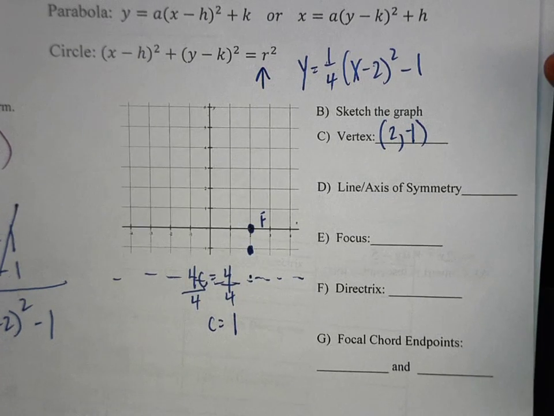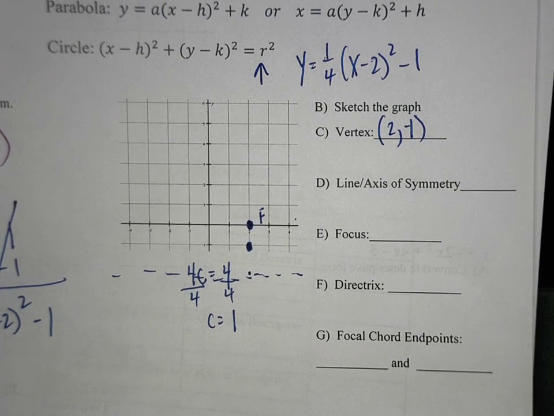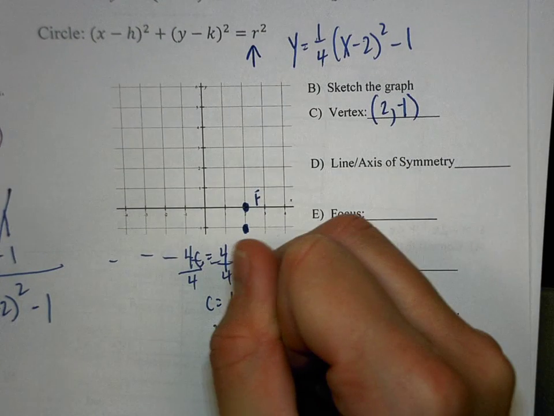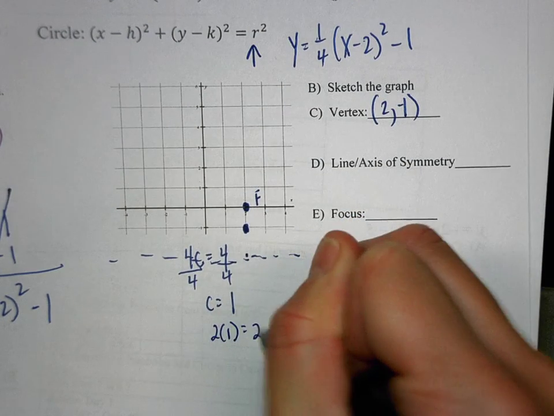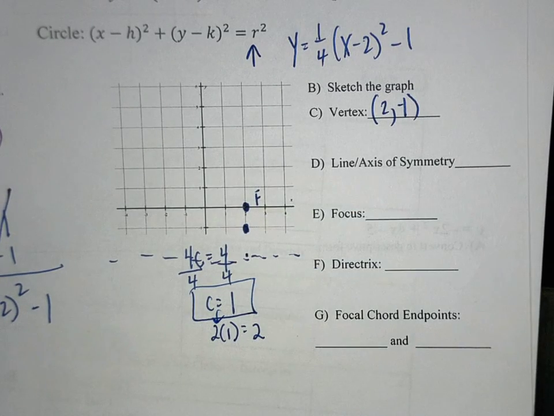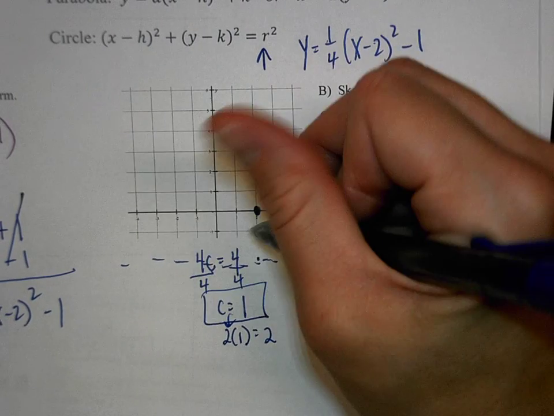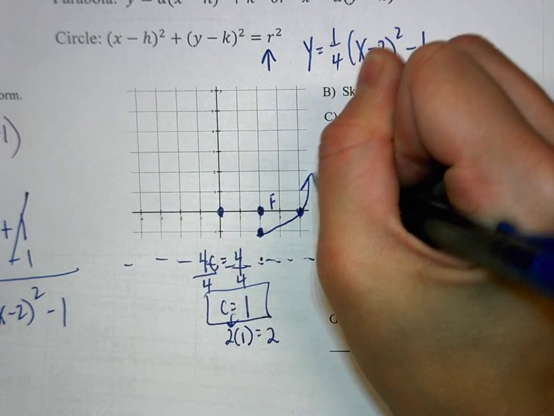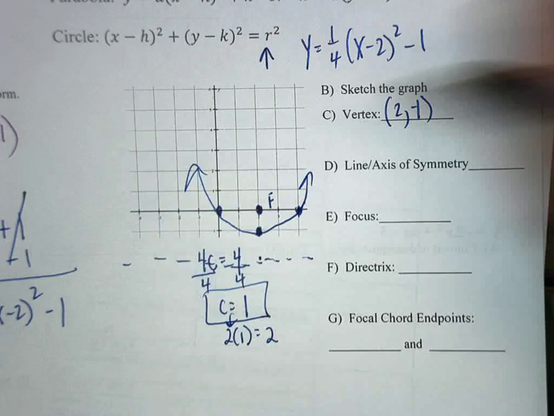How do I find my focal chord endpoints? 2 times C, right? So 2 times 1 equals 2. So whatever this value is, we multiply it by 2 in order to get how far we go on each side. So we go right 2, left 2, this curves up, curves up.